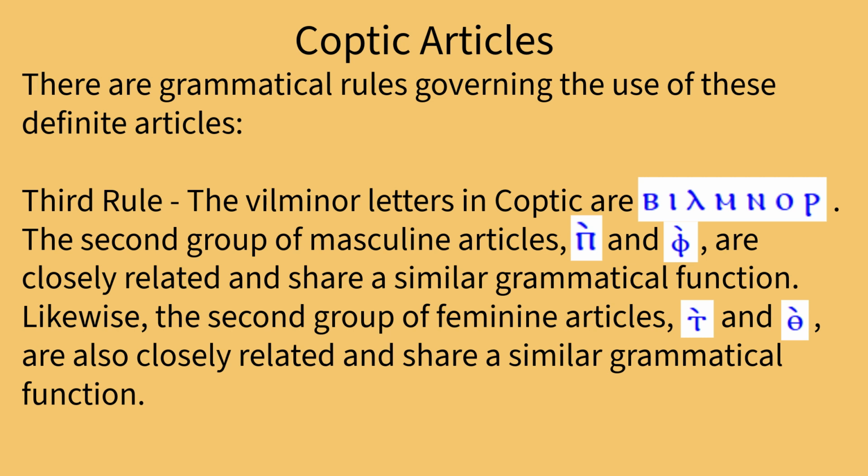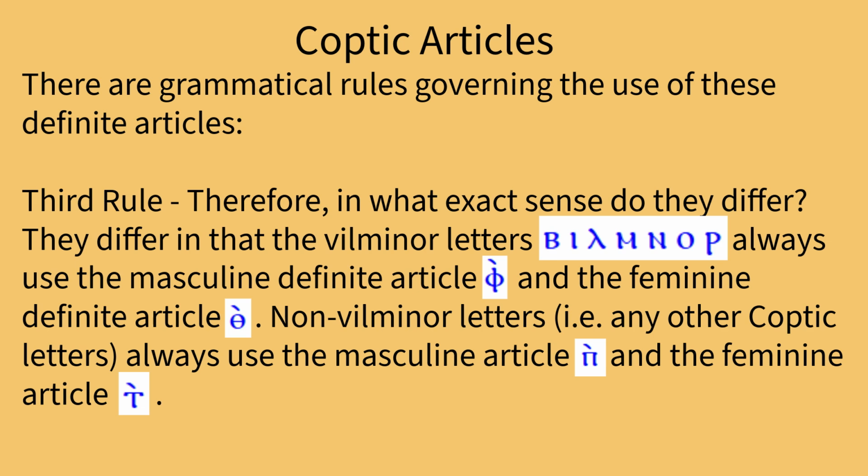The second group of masculine articles, ab and ab, are closely related and share a similar grammatical function. Likewise, the second group of feminine articles, ad and at, are also closely related and share a similar grammatical function also. Therefore, in what exact sense do the aforementioned articles differ?